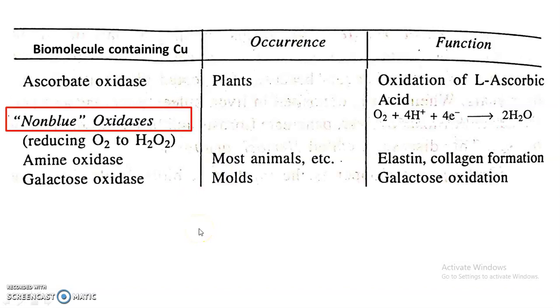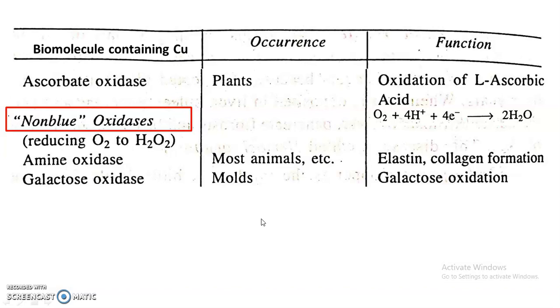Now the next important biomolecules are under the non-blue oxidases. They reduce oxygen to hydrogen peroxide, and include galactose oxidase and amine oxidase, which occur in most animals, molds, etc. Galactose oxidase catalyzes the oxidation of primary alcohols by oxygen to form aldehyde and water.